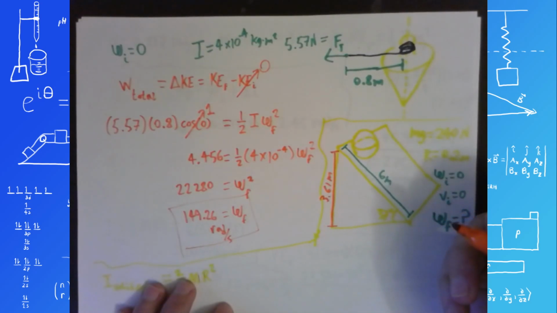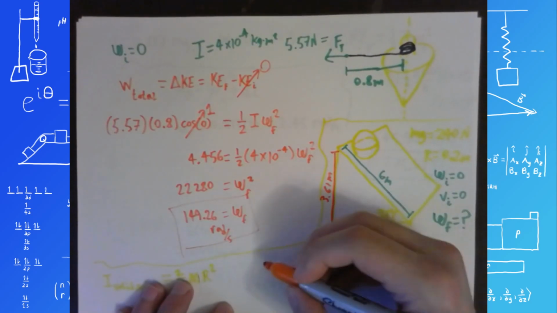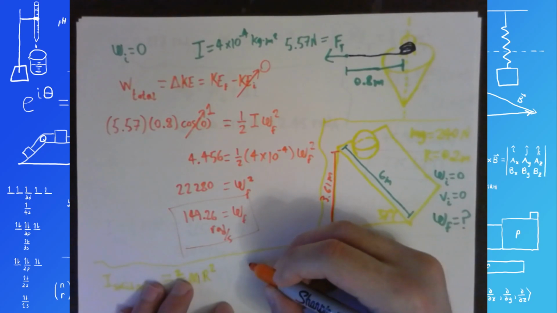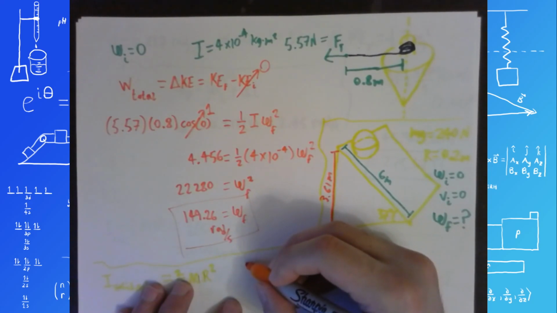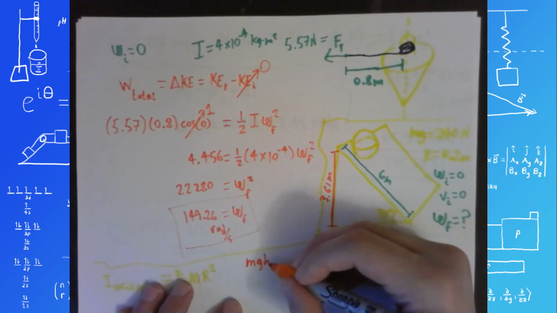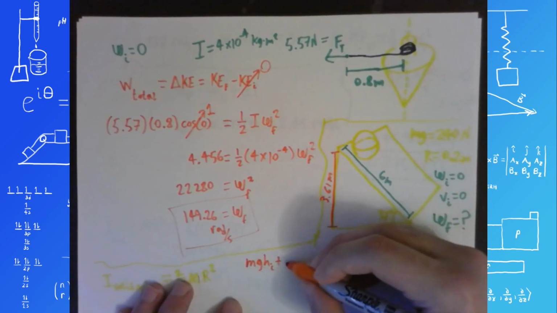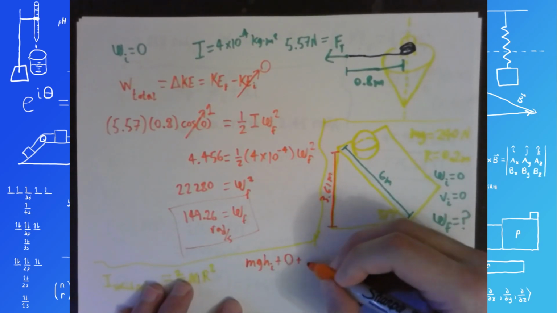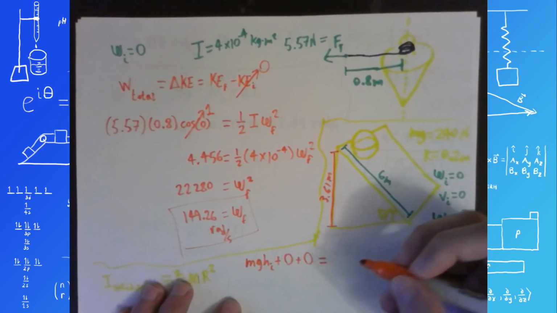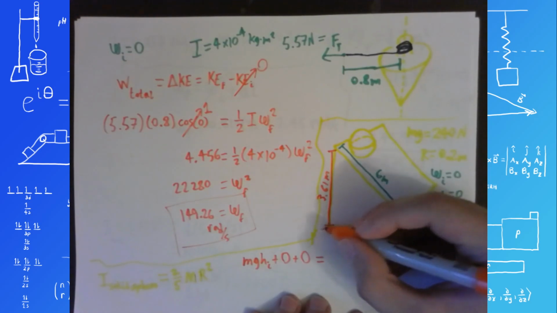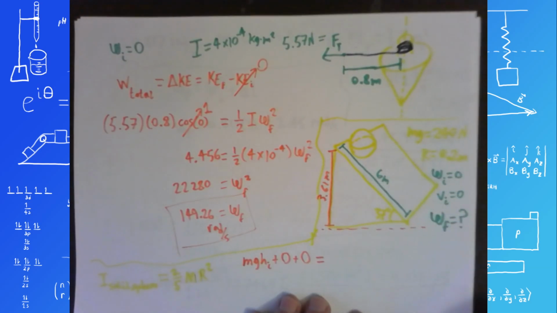Okay, then applying conservation of energy, we have at the top it's at rest, so it's all potential energy: mg h initial plus 0 translational plus 0 rotational kinetic energy equals, at the bottom, I'm going to set the bottom to my 0 of potential energy.